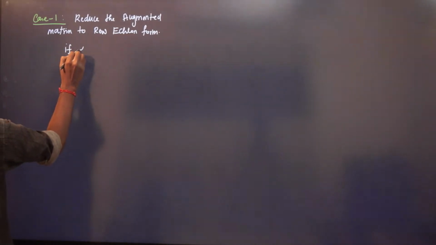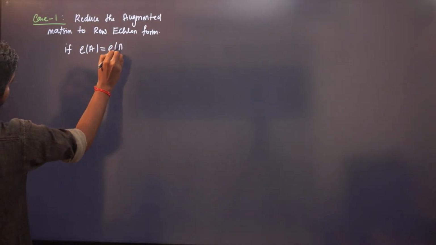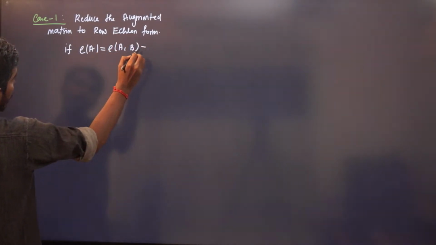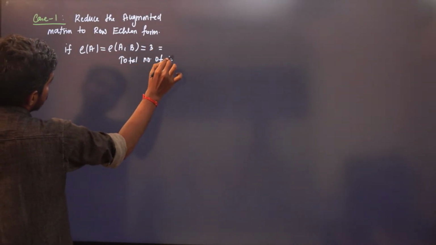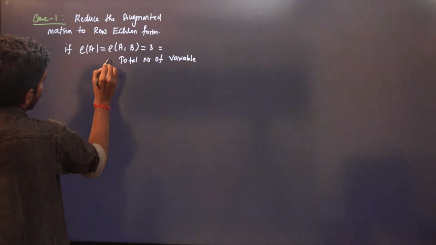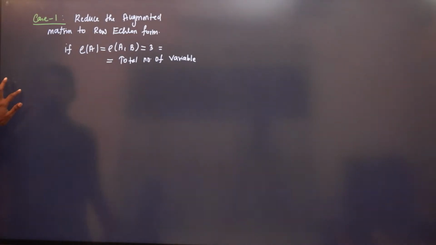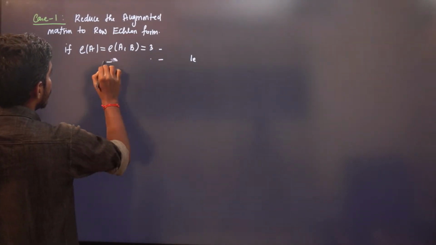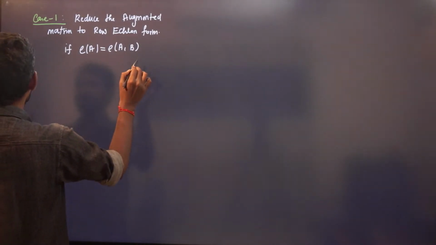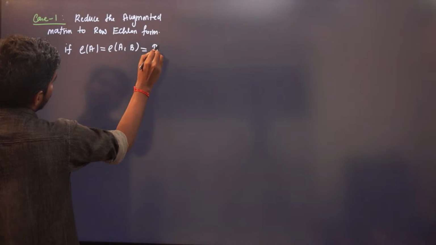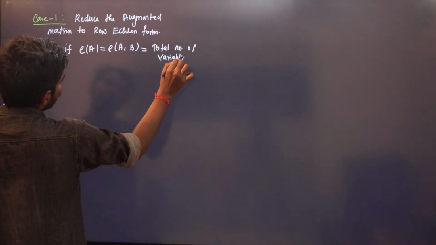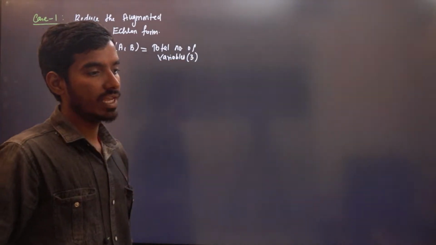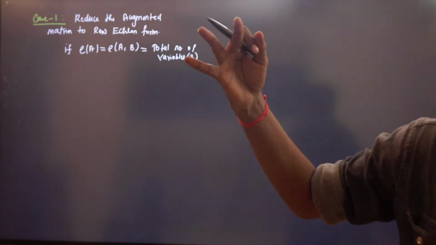Now, if rank of A is the same as rank of (A, B) and equal to the total number of variables, usually, 99% in exam point of view, we will have only 3 variables.